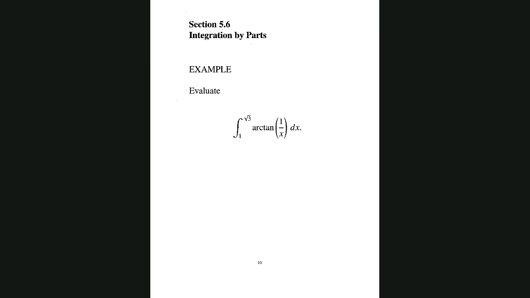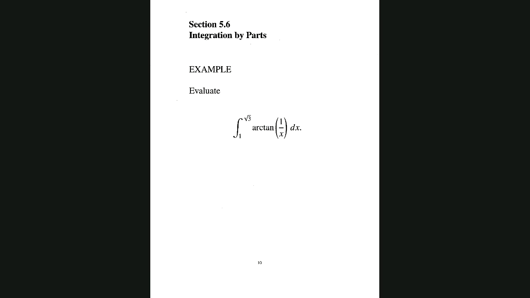All right, so here we have the integral from 1 to the square root of 3 of the arctangent of 1 over x dx. And we need to find the antiderivative of this. So, of course, we remember our integration by parts.